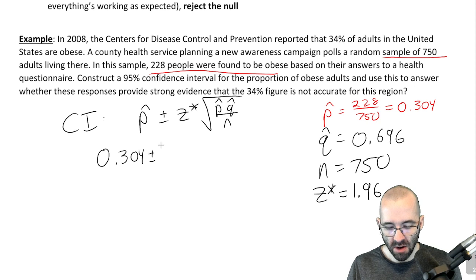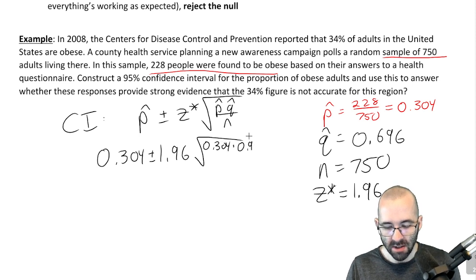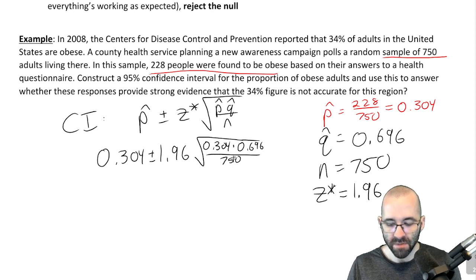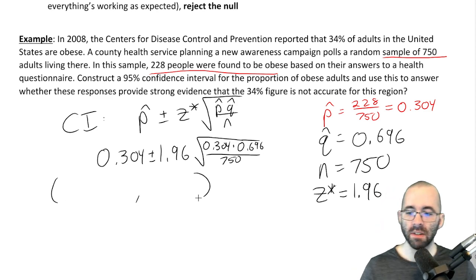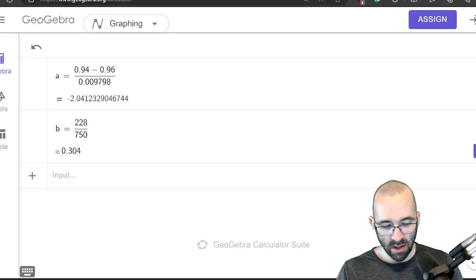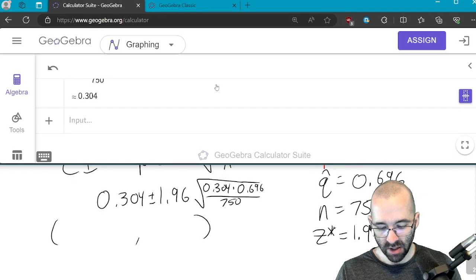So then our confidence interval becomes p hat plus or minus z star times the standard error, which is the square root of 0.304 times 0.696 all over our sample size of 750. We'll just type that into a calculator to get our interval.